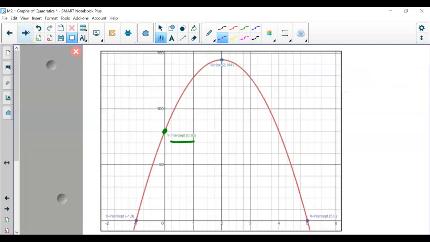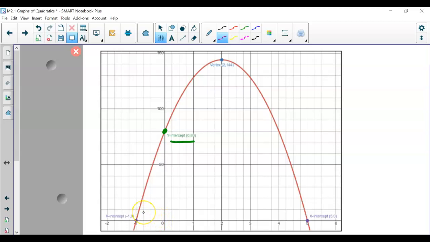So now let's think about this. Why do you think I'm only asking for the positive x-intercept? Remember, this is not just any graph. This represents the hot air balloon in the air. So if you were to think about this in context of the situation, could the hot air balloon travel in a negative time here?